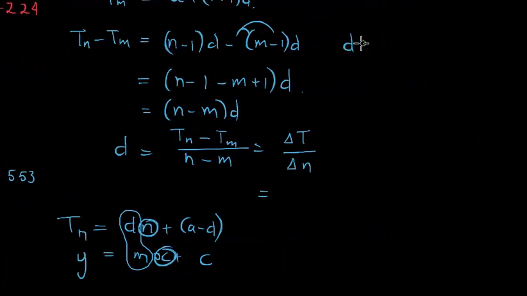If you wanted to get d, they give you any two terms. You take the difference between the values of those terms, divided by the difference in the term numbers. And that's exactly what we had here. Let's see if we can quickly do it. The difference in the terms was negative 553 minus plus 3, what was it?